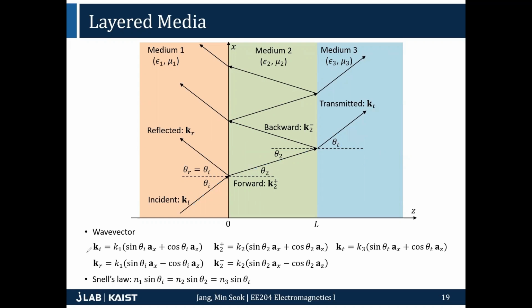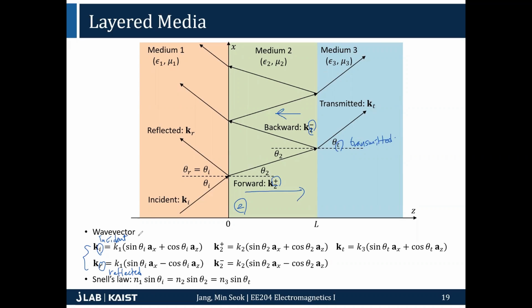So here we use subscript I for the incident wave, subscript R for the reflected wave, and subscript T for the transmitted wave. And then here in medium 2, we have the forward propagating mode and the backward propagating mode, and these are called K2 plus, K2 minus.